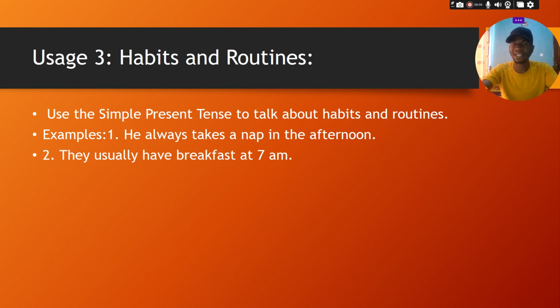Example number 2, they usually have breakfast at 7 a.m. So these two sentences are talking about habits and routines. So we always use simple present tense.